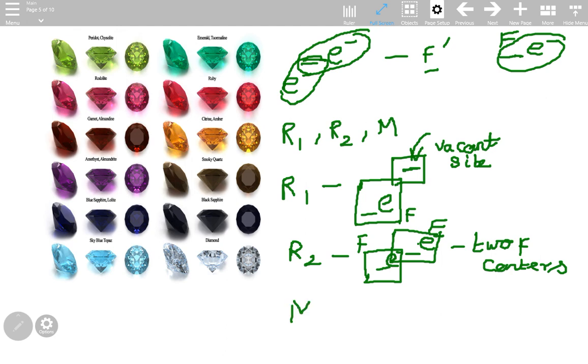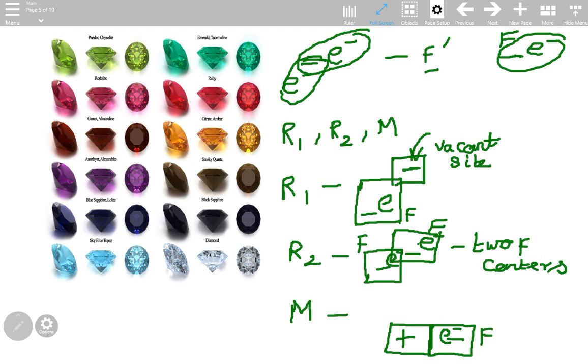The third one is the M center. So here what happens is that there are three combinations. There is one positive site here, so we put a box, which is bonded with one F center. F center means one negative site which is occupied with an electron.